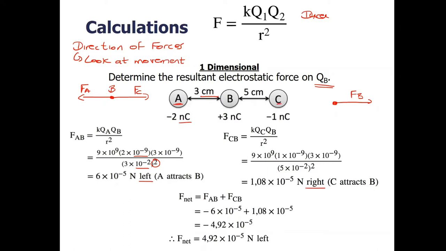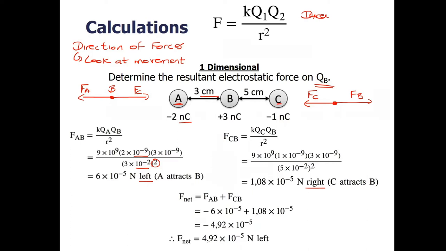So A will be pushed towards the left because of C. So it will experience a force towards the left because of C. So you will still subtract the two from each other, but for different reasons. Okay, does that make sense? Cool, good.